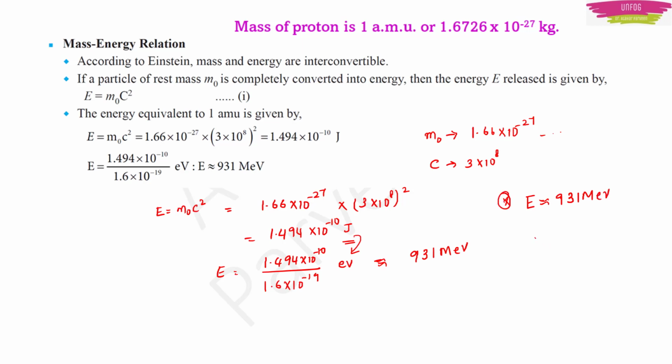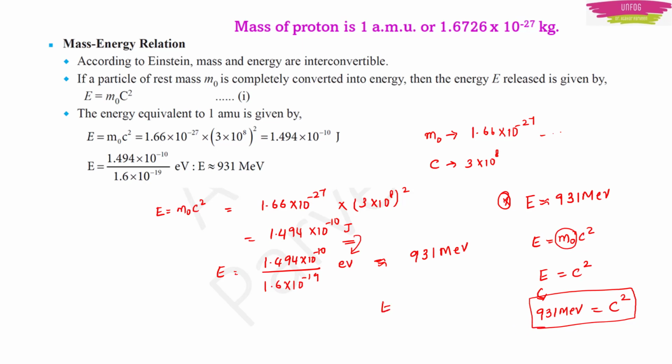In fact, in E is equal to m naught c square, if the mass of the particle is negligible, then you can neglect it. In that situation, your E will be equal to c square, right? But what is E? E is equal to 931 MeV. So in many cases, we directly use the value of c square also as 931 MeV.